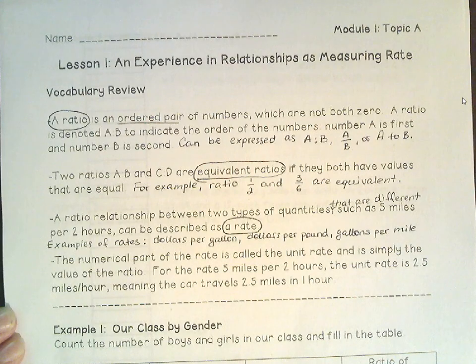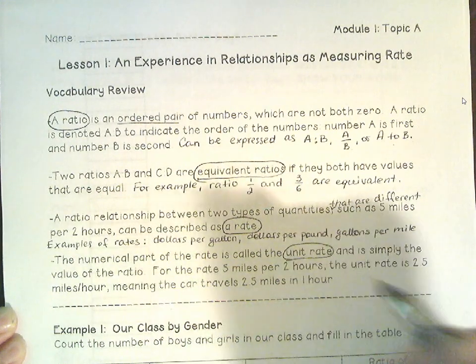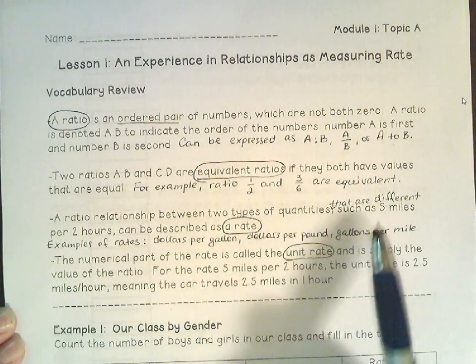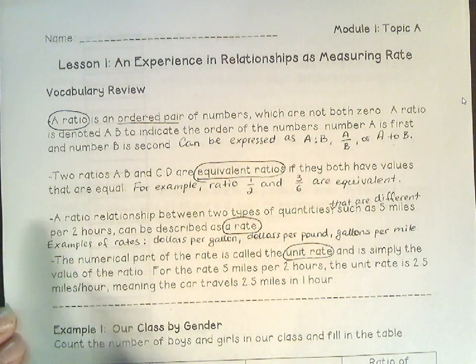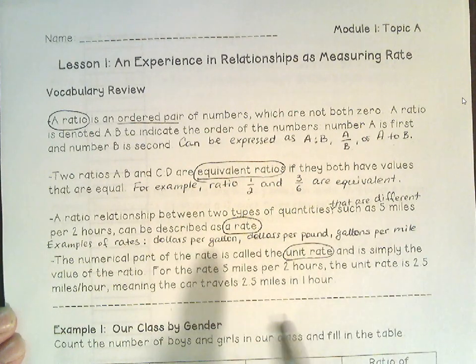And another word that you really need to know is the unit rate. We will talk a lot about that one. The numerical part of the rate is called the unit rate. So if we say there is a rate of 5 miles per 2 hours, the unit rate will be 2.5, because there are 2.5 miles in 1 hour.